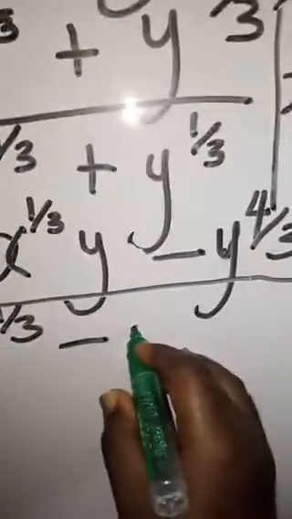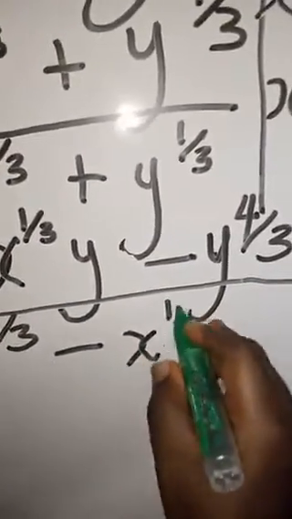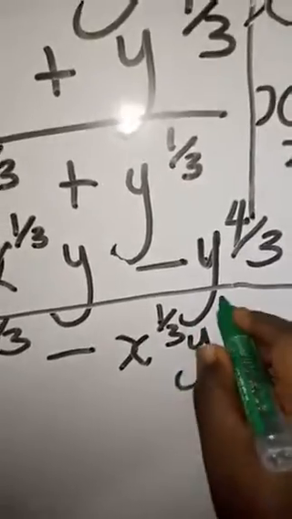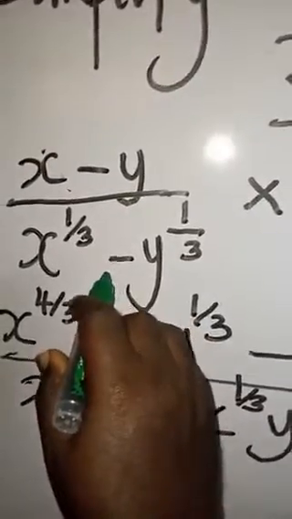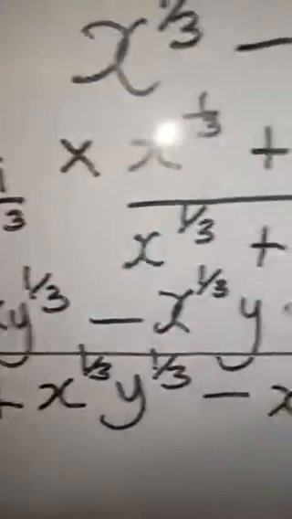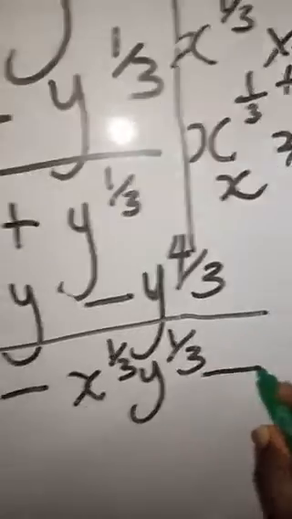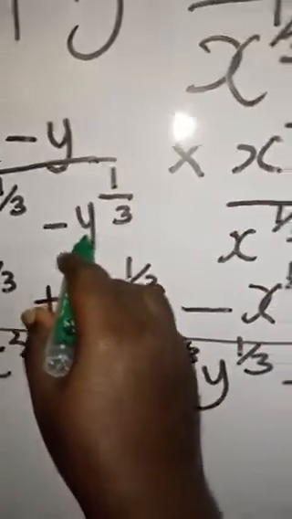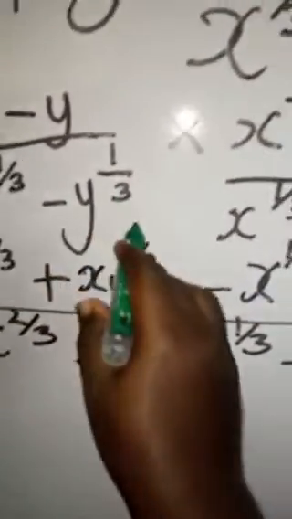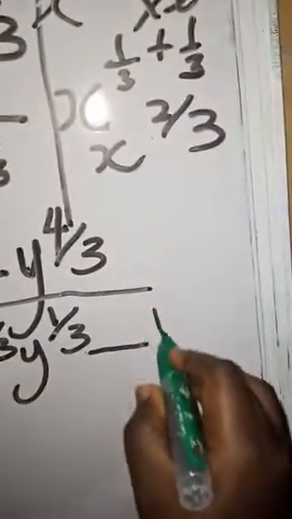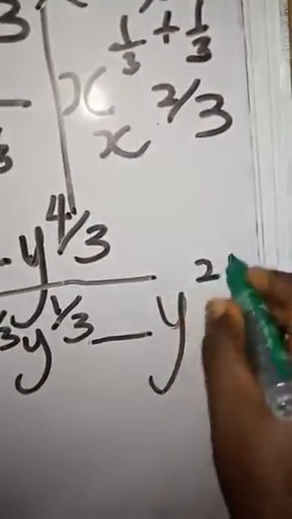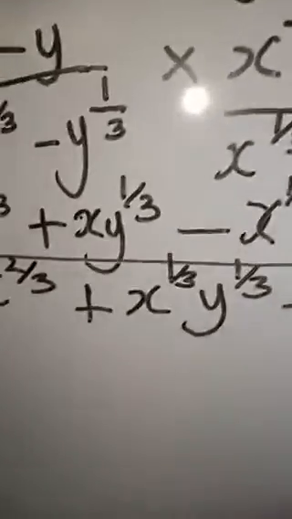That is the same thing as x raised to power 1 over 3, y raised to power 1 over 3. Then lastly, minus times plus, minus. Then y raised to power 1 over 3 times y raised to power 1 over 3. So that will be equal to y raised to power 2 over 3.